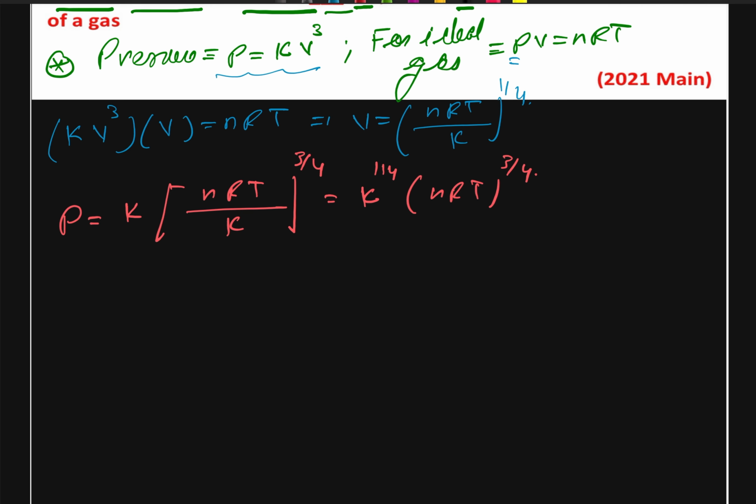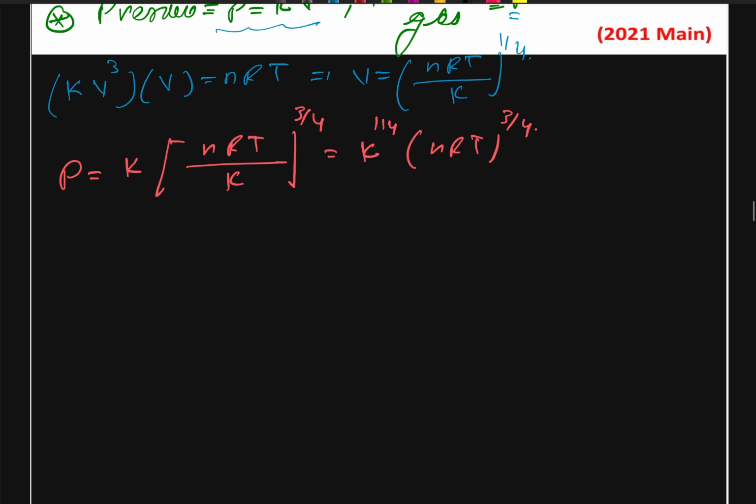So we know our equation for our pressure as well as our volume, and we are supposed to find out the work done. And so we can say our work done W will be equal to the integration from V1 to V2 of P dV, and we substitute our pressure.